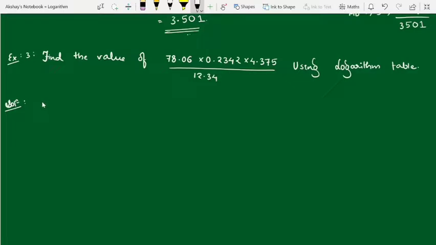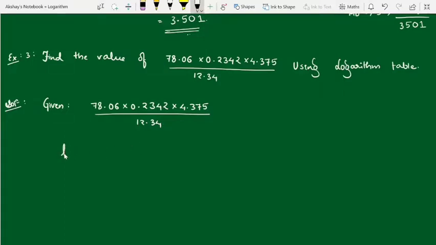So shall we start? So first of all, what I can write, given that 78.06 into 0.2342 into 4.375 divided by 12.34. So we'll apply log.